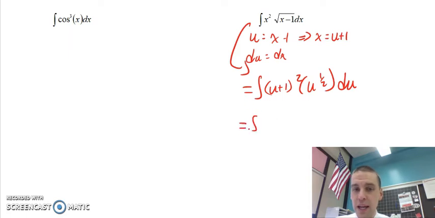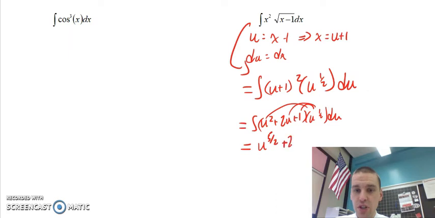And now we have an integral in terms of u. I can expand u plus 1 out: u squared plus 2u plus 1 times u to the 1/2 du. And I can now distribute the u to everything. u to the, we're going to add here, so 5/2 plus 2u to the 3/2 plus u to the 1/2.